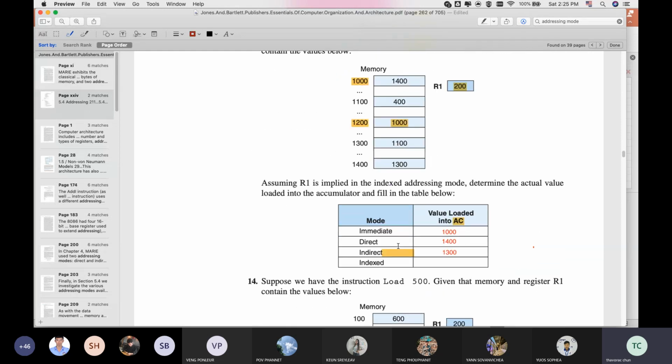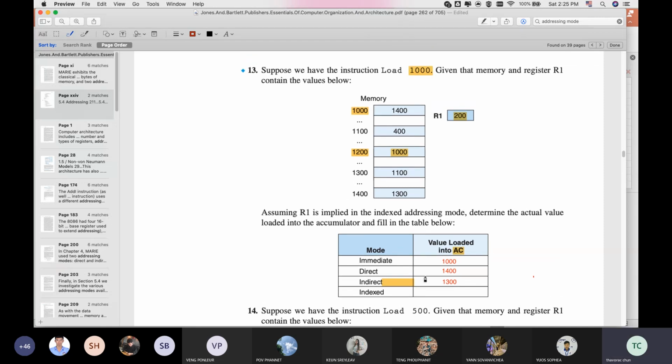All right. And finally, the index. When we talk about the index, normally they need to mention which register you need to use. And here it's also mentioned that register one is implied in the index addressing mode. So in our case here, to get the effective address, you need to do the addition between the operand here and the value of the register.